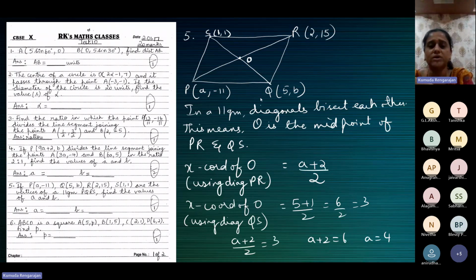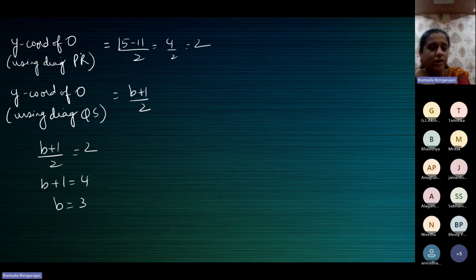The x coordinate of the midpoint is x1 plus x2 by 2. The y coordinate is y1 plus y2 by 2. Find the x coordinate of O using both diagonals, PR and QS. Equate both. That will give you the value of A. Similarly, find the y coordinate using both diagonals. So b plus 1 by 2 is equal to 2. Cross multiply, b is equal to 3.